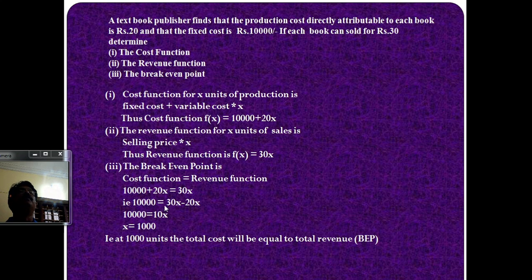So 10,000 plus 20x is equal to 30x. Taking 20x to the left hand side, 30x minus 20x, so 10,000 is equal to 10x. Therefore x is equal to 1,000. That means at 1,000 units, the total cost will be equal to total revenue, and that is the break-even point.